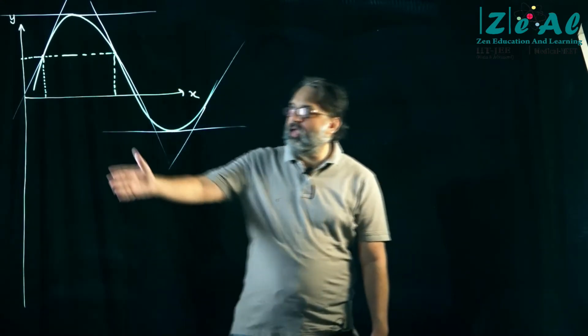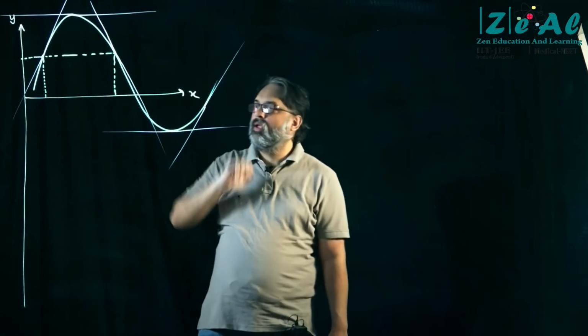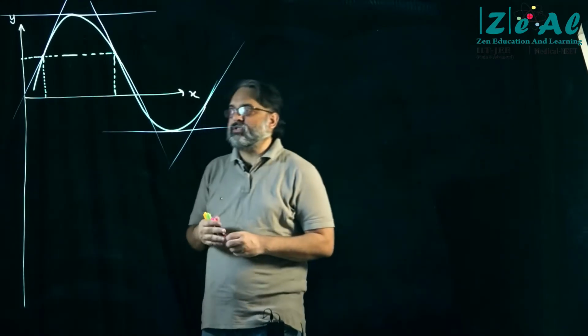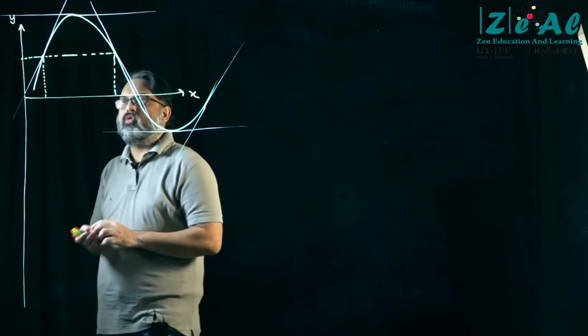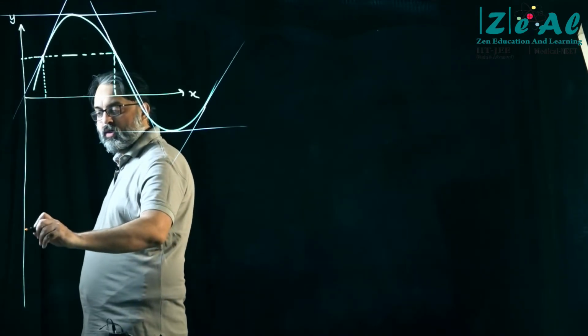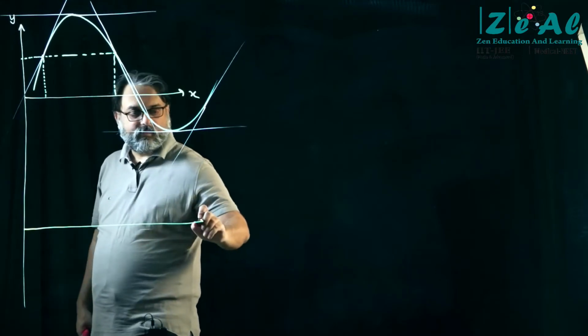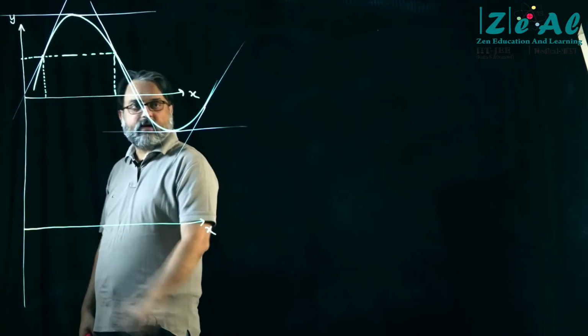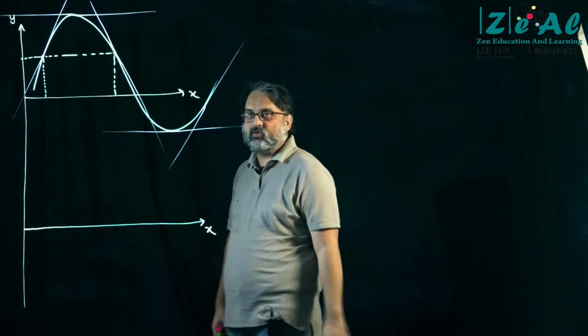Now, why did I draw the line so long? Well, I drew the line so long because I want to draw another graph. Okay, I want to draw another graph. And on this another graph, this is the x coordinate.